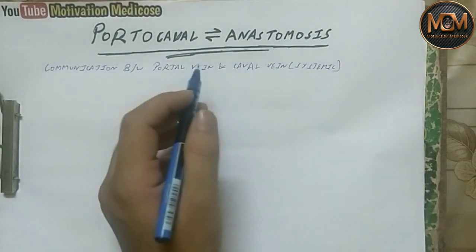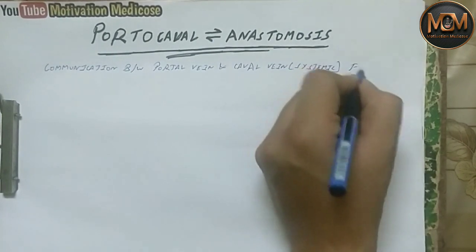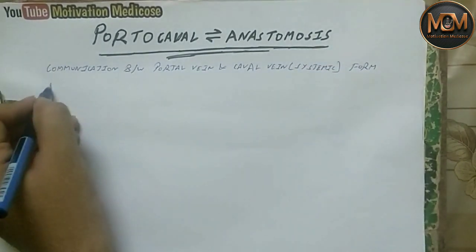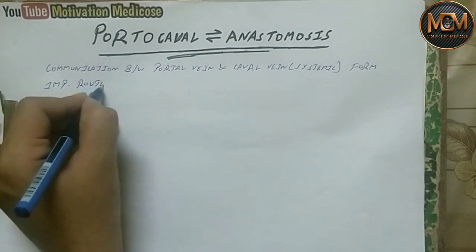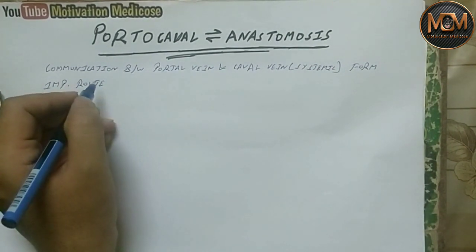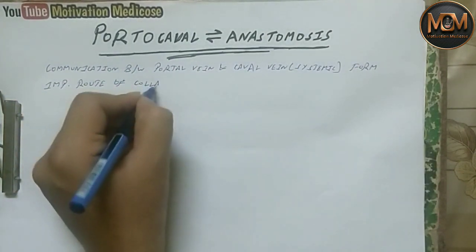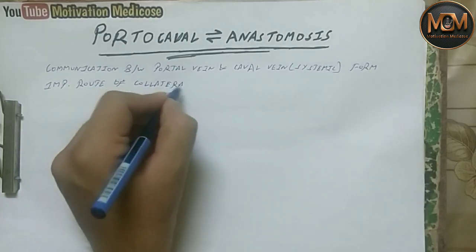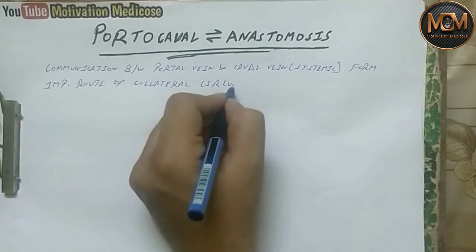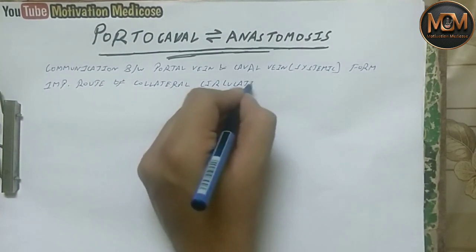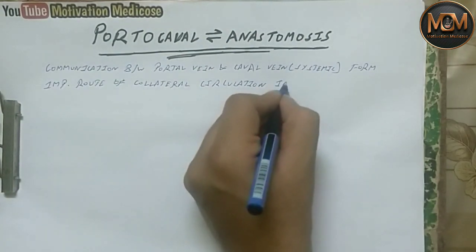Between the portal and the caval system, they form an important route of collateral circulation in case of portal obstruction.